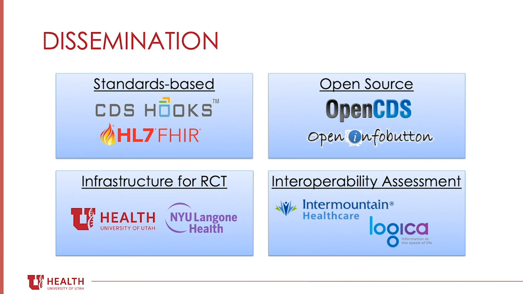We are providing, again, the infrastructure for the randomized trial, and that's actually improving our infrastructure, making it more flexible and more solid for dissemination to other sites. And as part of our U24, we also have one component that includes dissemination to Intermountain Healthcare, where they use the Cerner EHR. So we are now in the process of adapting our algorithms to Intermountain in the Cerner platform.